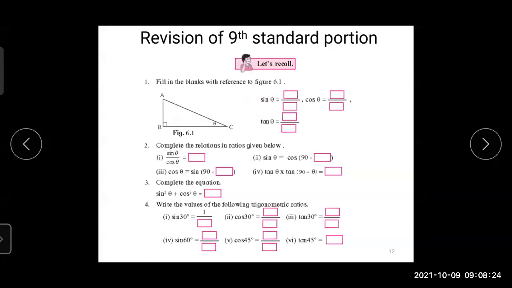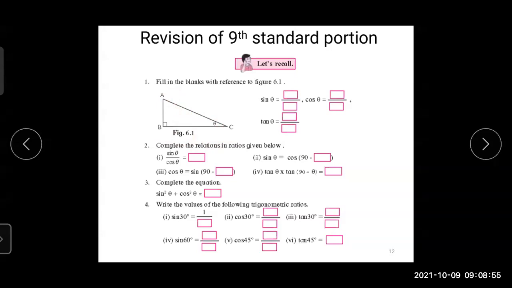Sine theta will be opposite upon hypotenuse, that is AB upon AC. Cos theta will be adjacent upon hypotenuse, that is BC upon AC. And tan theta will be opposite upon adjacent, that is AB upon BC.